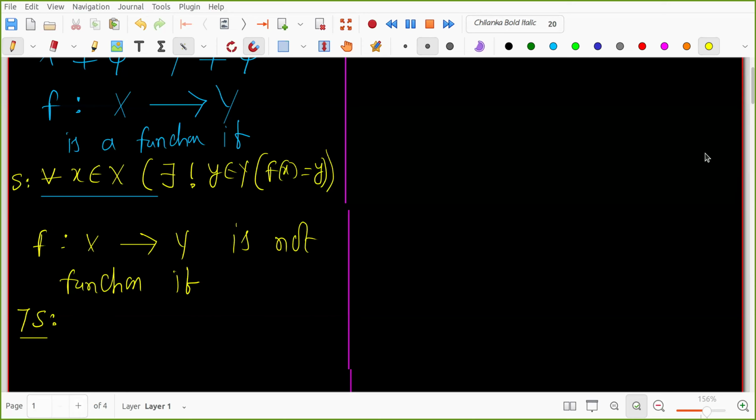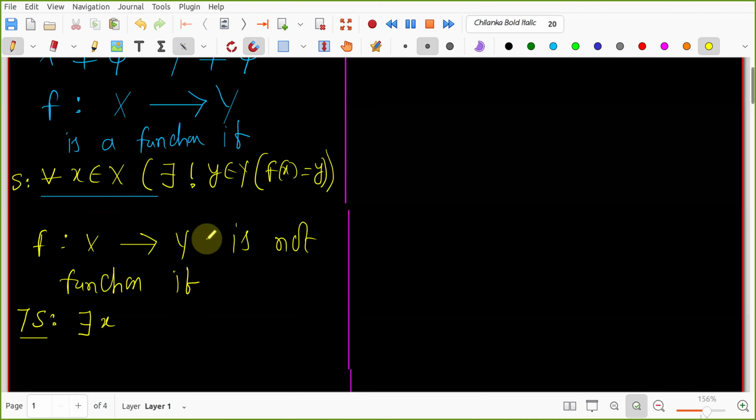Arpit: If there exists x belongs to X such that for all y belongs to Y, f of x is not equal to y. Wait, hold on. Given any x, something is happening, so this is not happening.